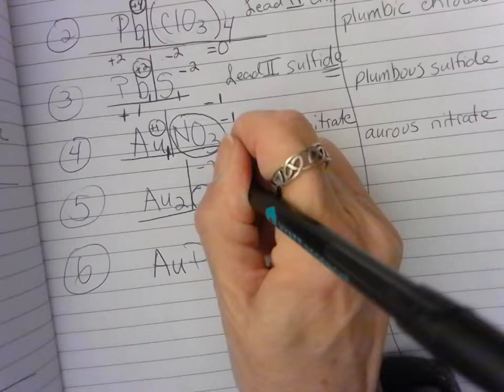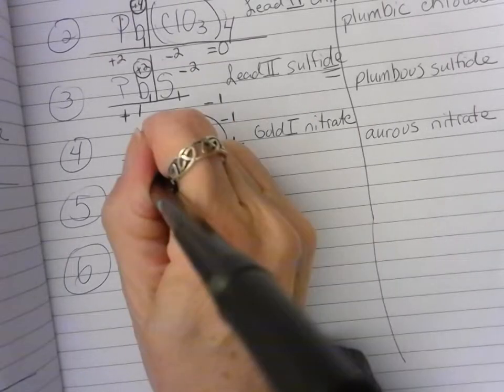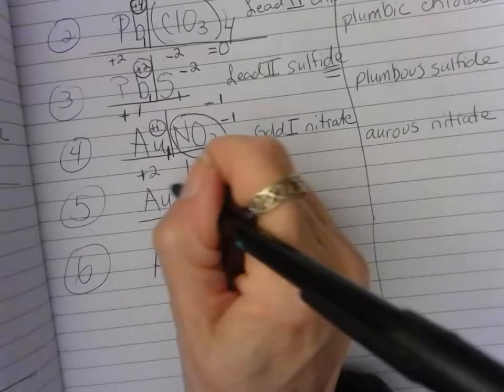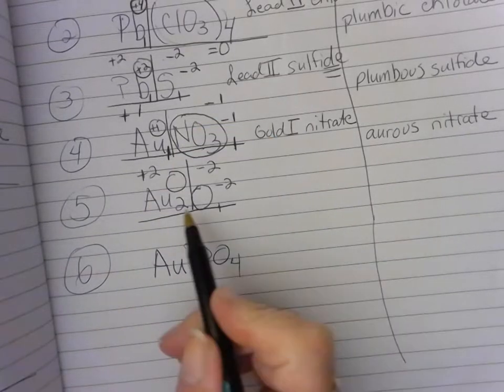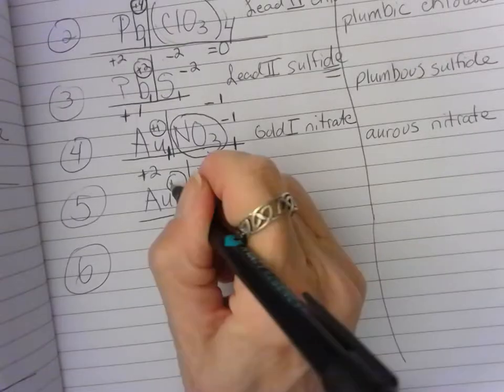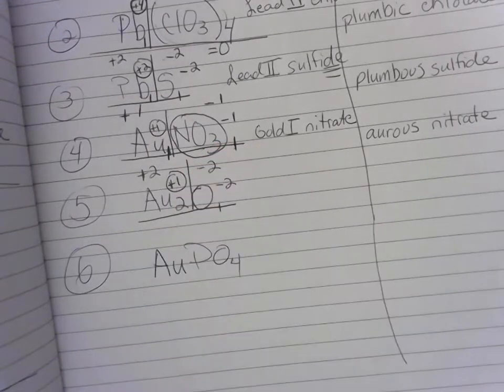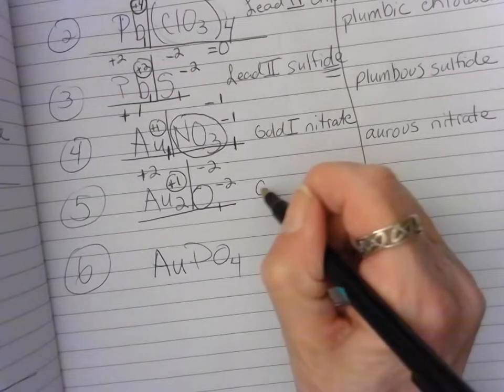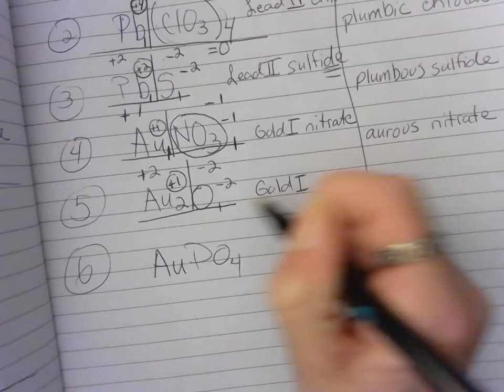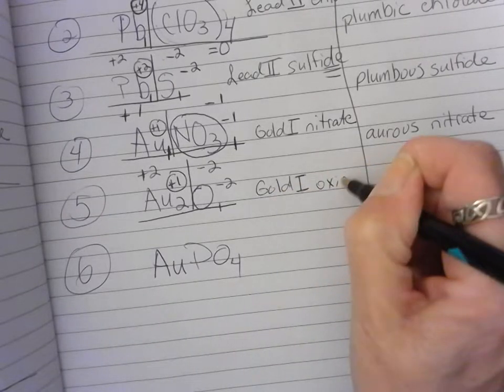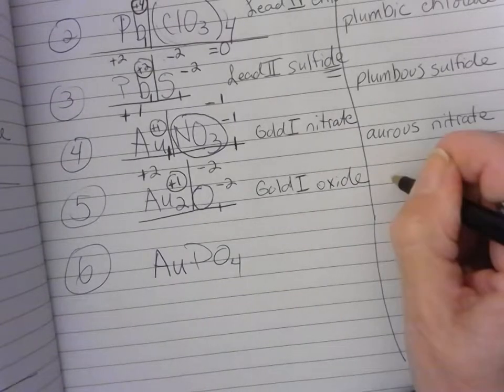In this case, we've got 2 gold cations, so we'd have to say 2 times a +1 charge would give us a +2. So this also will be called gold 1 oxide, or aurous oxide.